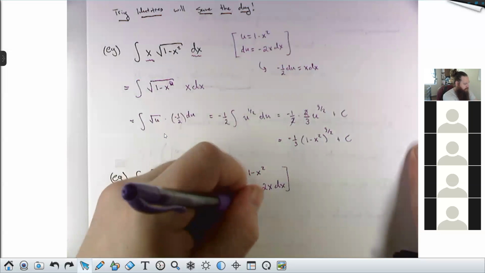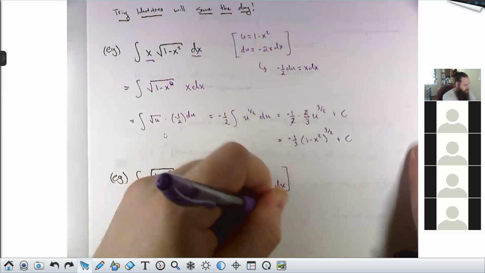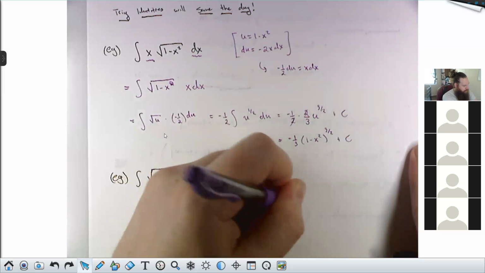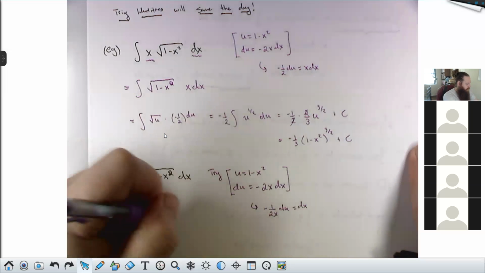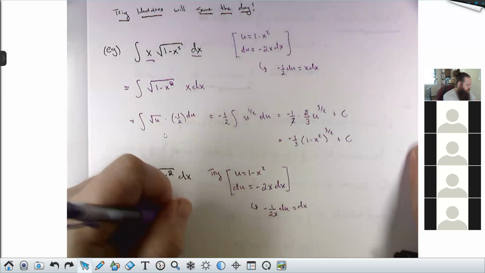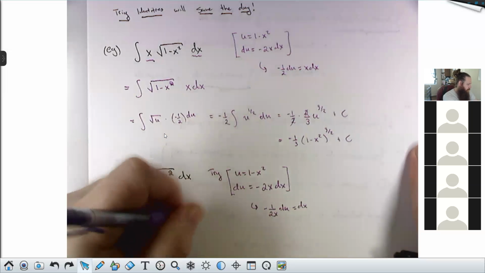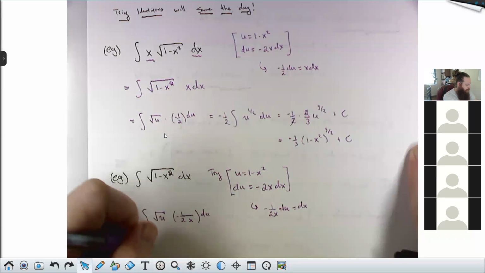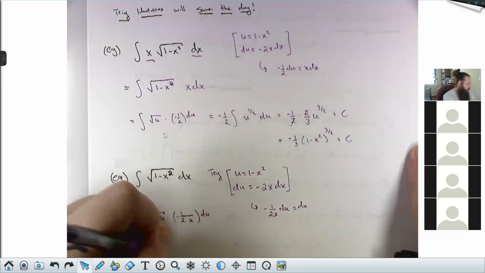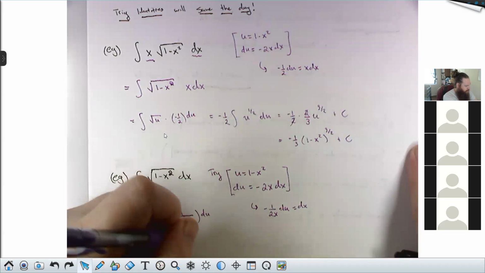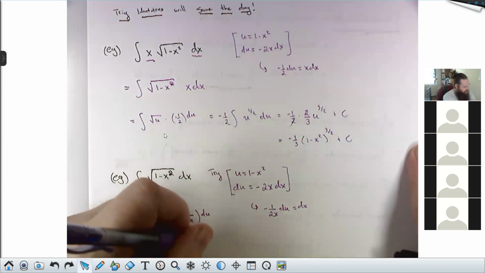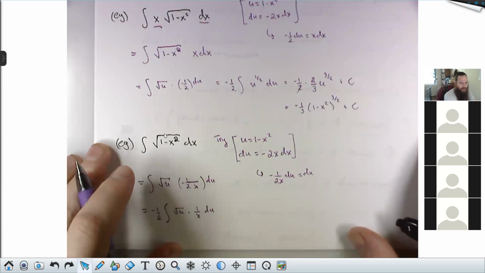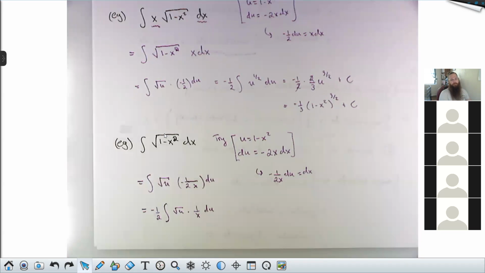But then when you solve this for dx, you get negative 1 over 2x du equals dx. So here you'd have negative 1 over 2x du. You can pop out the negative 1/2, that's fine. But then you still have the square root of u and then 1 over x du. And I can't do anything with this.